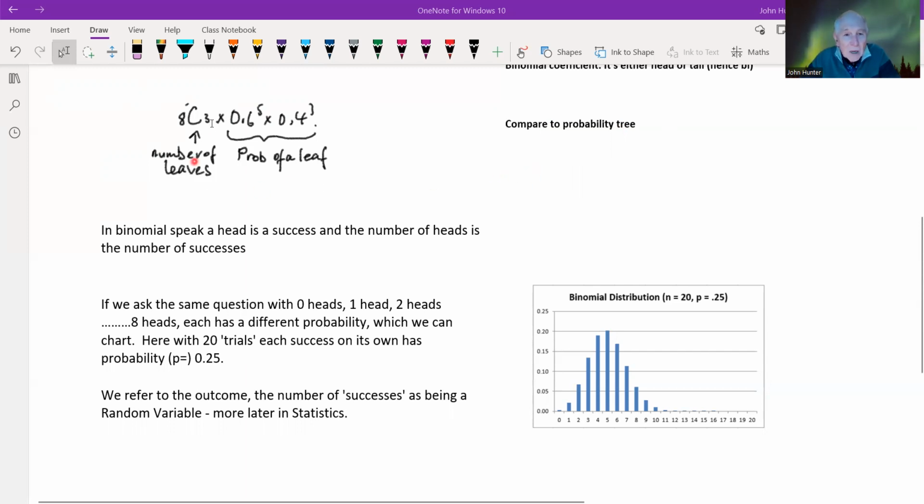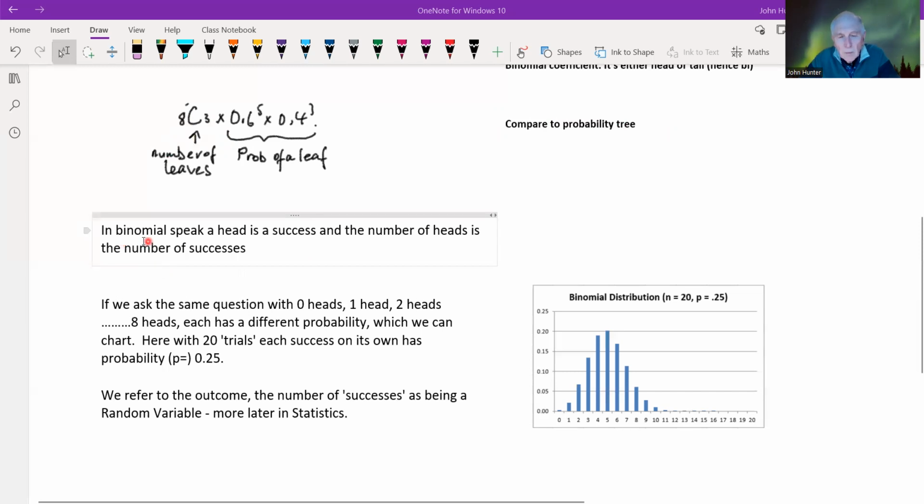That essentially is the number of leaves, and of course, the number of leaves that we are interested in, where we've got 5 reds and 3 greens. So that is another way you can think about this particular problem.